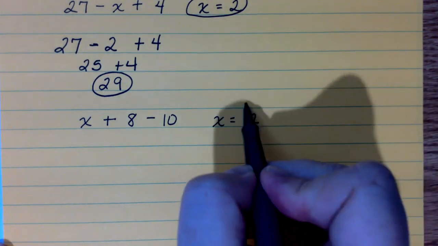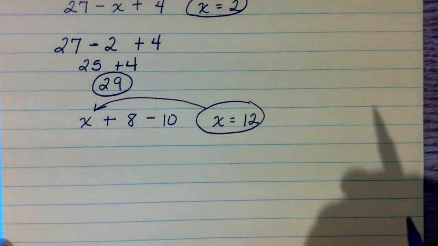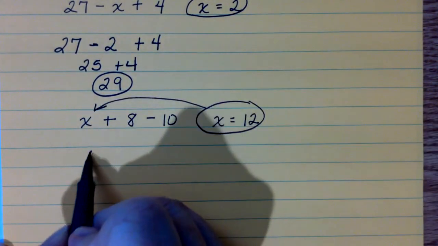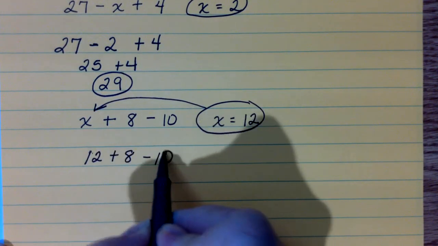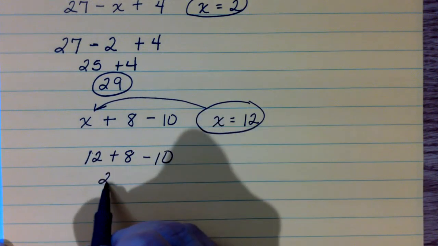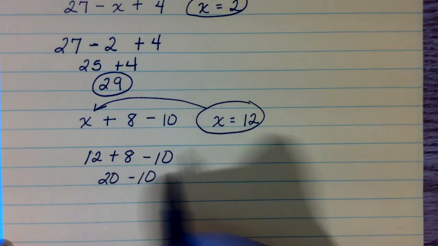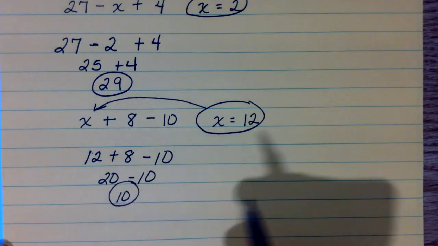So if x is equal to 12, we're going to take this x and plug it into our algebraic expression. It becomes 12 plus 8 minus 10. 12 plus 8 is 20 minus 10. 20 minus 10 is 10, and that would be your final answer.